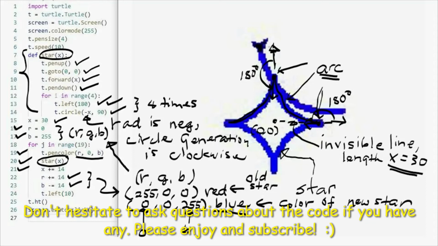I mean, the generating line is 14 units longer. And then we again make the colors different by making the red appear stronger and the blue appear weaker. After drawing the first star, we move the turtle 10 degrees to prepare for the new star. And this is the image that is generated by this program here.